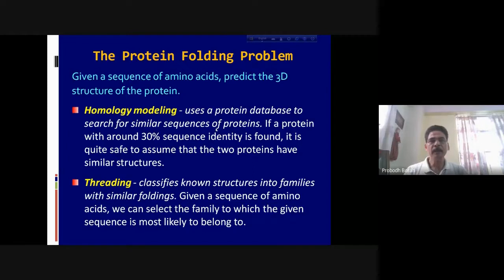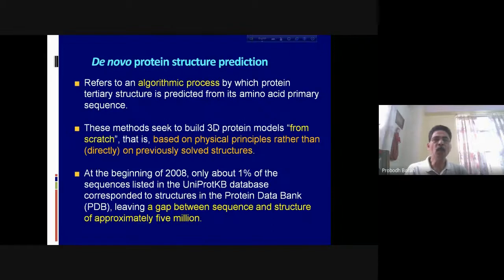Then if there is no sequence similarity and also we do not have sufficient information to classify unknown protein into a specific family, these two processes of protein structure determination cannot be used. In that case, we shall have to start from scratch.